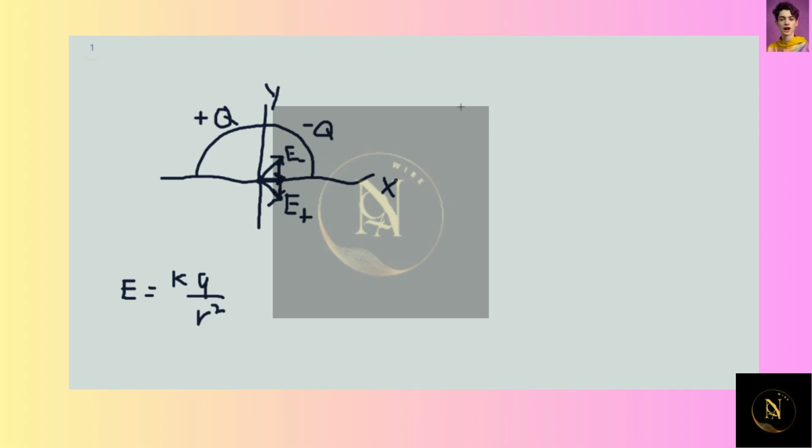So we need to use a special symbol lambda to define what we call the linear charge density. So lambda is, as you could guess, charge per length. So this is what we mean when we say linear charge density.